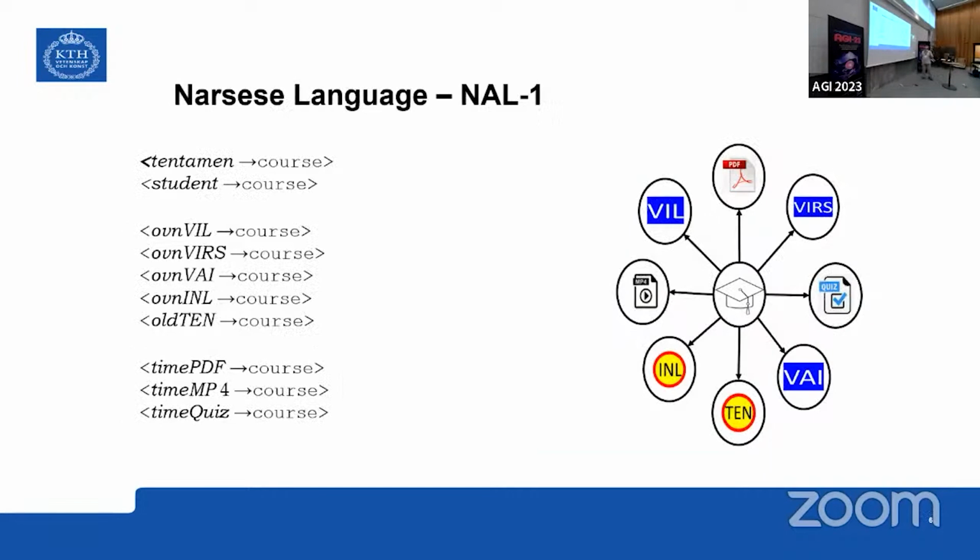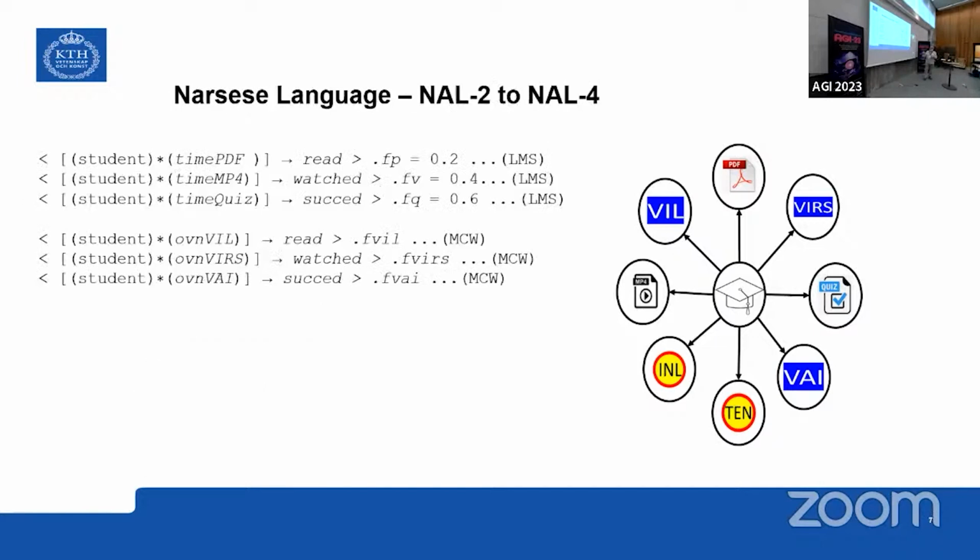Now it's a little bit about NARS language. We declared all these values from my courses, also all these exercises. It's on logical level 1. We just make a connection for the students, or for the course, for everything which logically depends on each other.